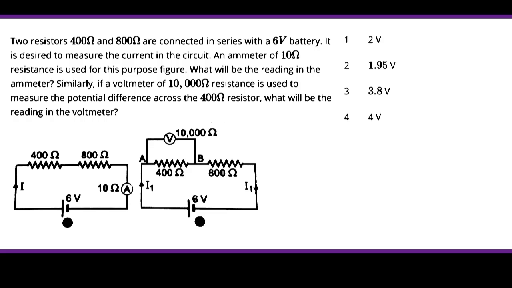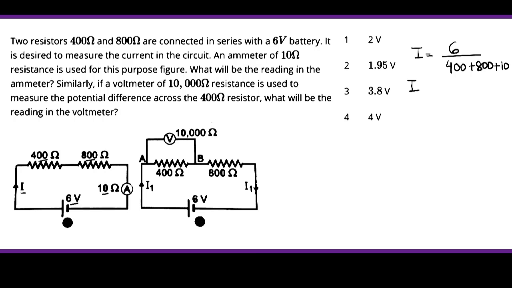So suppose the reading in this ammeter is capital I. Here capital I, that is the current in the ammeter in the first diagram, can be written as the total potential in the circuit, which is equal to 6 volt, divided by the total resistance in the circuit, which is 400, 800 and 10, so 400 plus 800 plus 10 ohm.